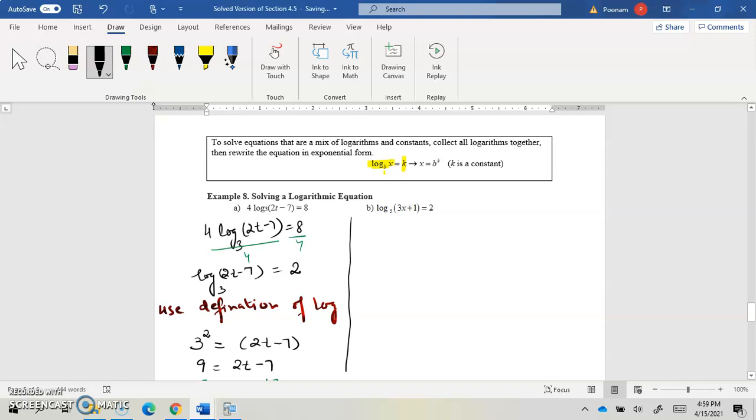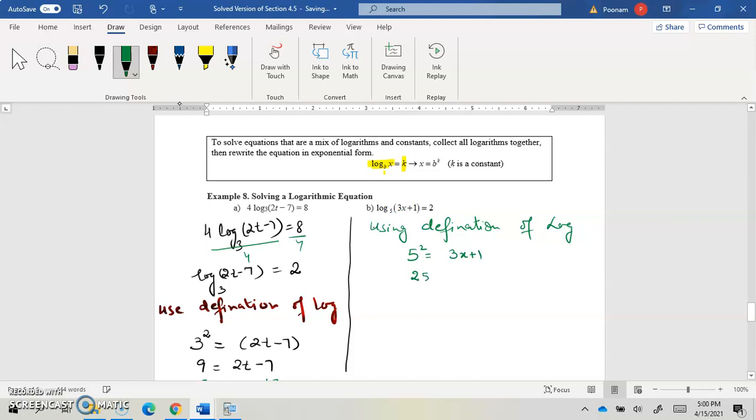Now the left hand side is a single log term and the right hand side is a constant. So I can apply the definition directly. Using the definition of log, we can say 5 should be raised to 2 to get the argument, which is 3x plus 1.